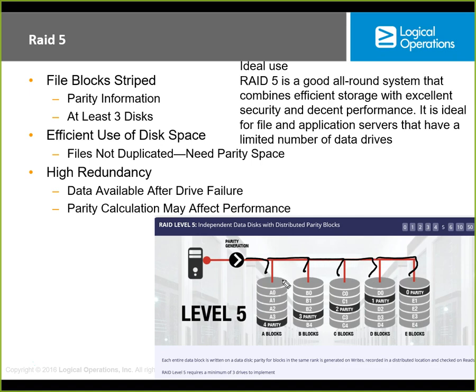So in this one, we've got a whole bunch of disks that we can put data on, and it gets split up by the controller, and the controller puts a little bit of data on each of the drives. In this one, we have the parity bit that goes on these things.